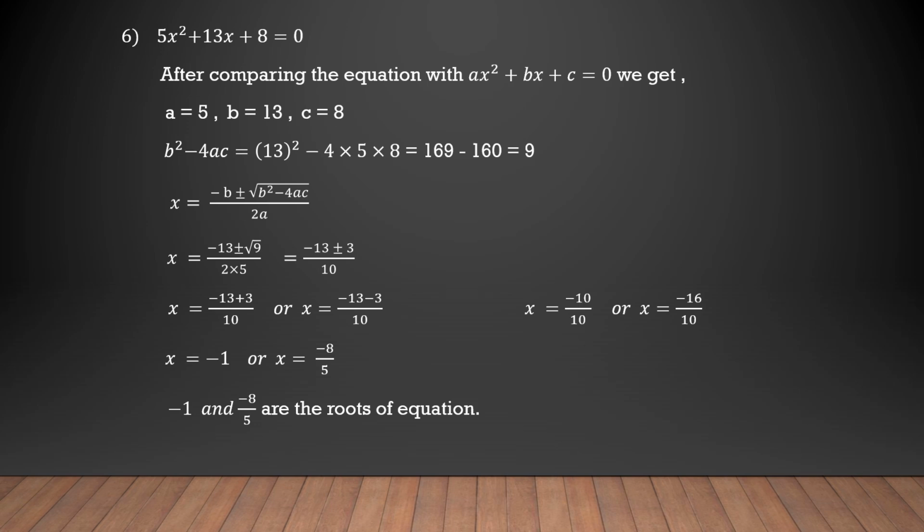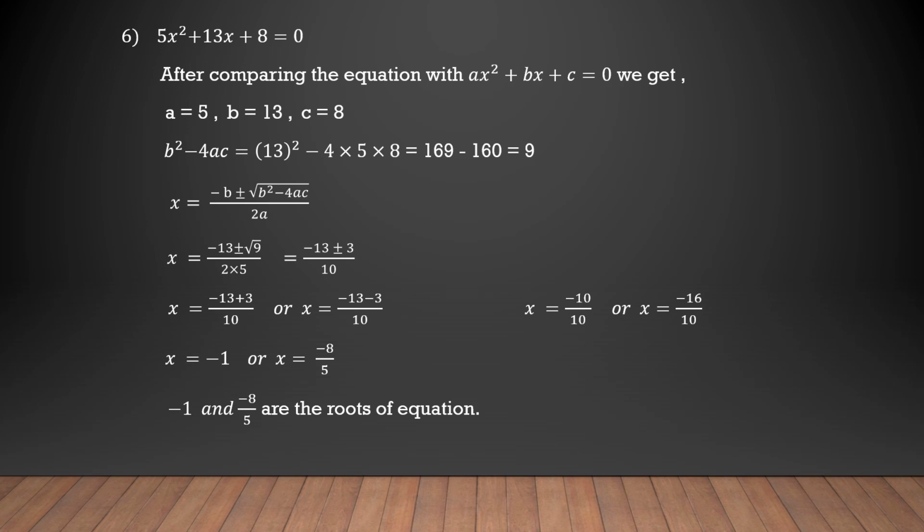So we write minus 13 plus minus value of b square minus 4ac is root 9 by 2 into 5. A is 5, so we write 2 into 5 is equal to minus 13 plus minus the root of 9 is 3. So we write minus 13 plus minus 3, and 2 into 5 is 10.